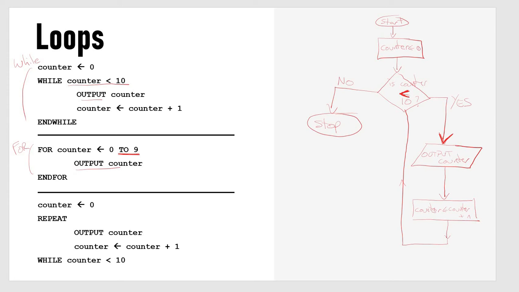Now I know that this instruction here in pseudocode, we don't see it in the for loop, but it's inferred. Because it says counter assigned 0 to 9, this keyword right here, "to", is telling us that the number inside counter will be incremented all the way to this number.